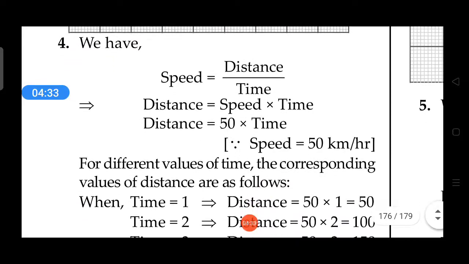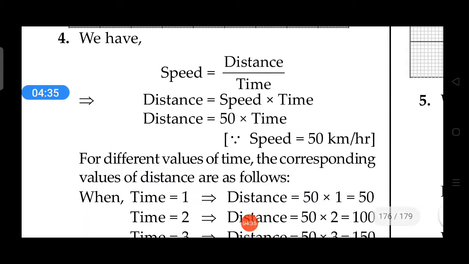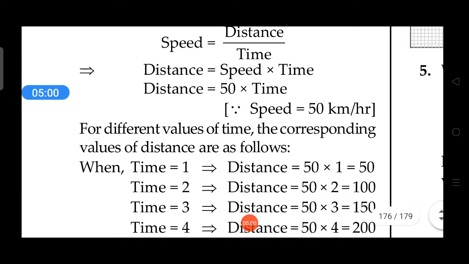The same question 4, method is same, but here we have to find out the distance. So draw a distance time graph of a car running at an average speed of 50 km per hour. So speed is equal to distance upon time. So distance is equal to speed into time. So the speed is 50 km per hour into t.